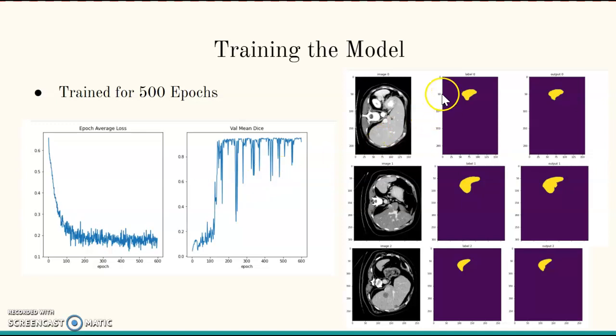Just to provide an example of the types of segmentations the model was producing, on the right you can see the different input images and the output labels. In the middle is the original label, and on the right is the predicted label from the model, and you can see how close the predicted labels and real labels are.